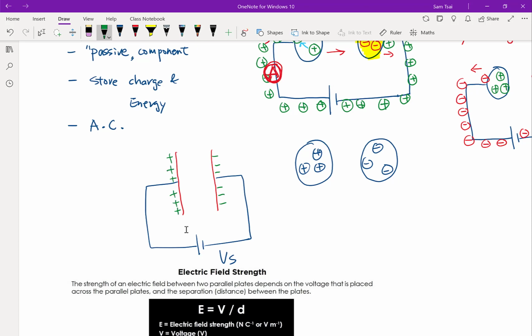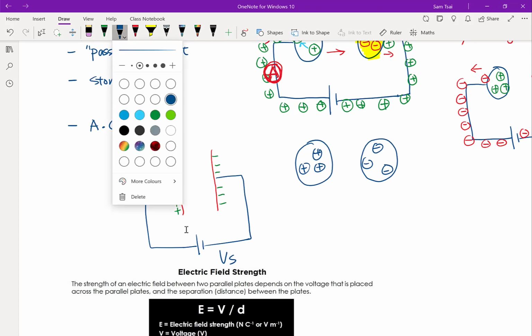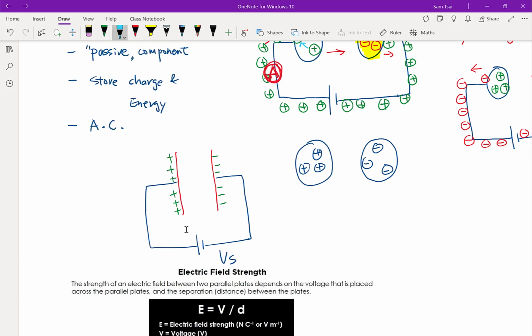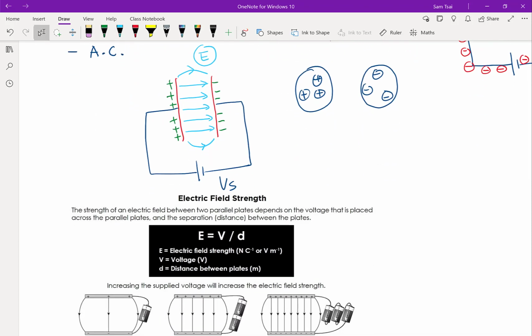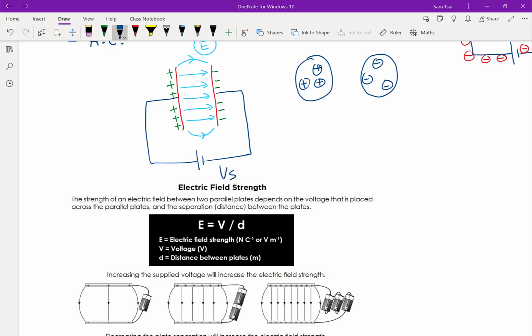And then, from year 12 you learned there will be an electric field built up in between the plates. Okay, so there is the electric field. If we have a quick revision from year 12, this was at SciPad page 241.